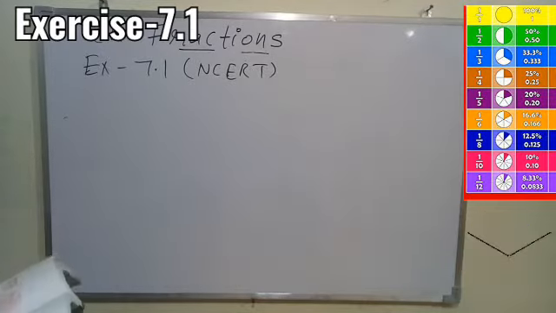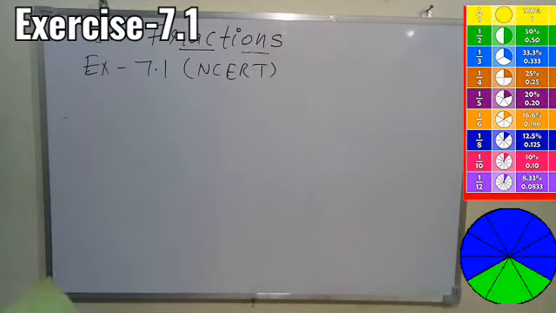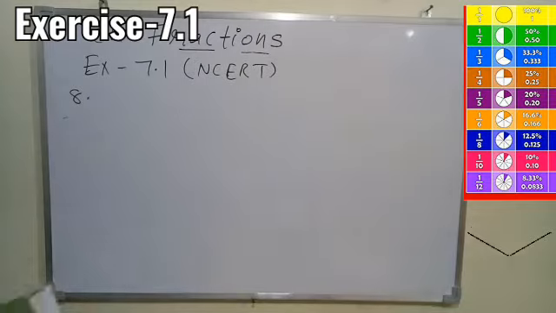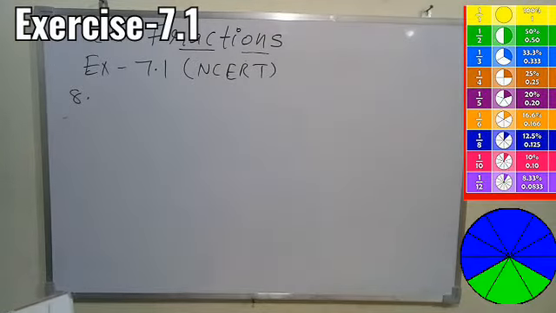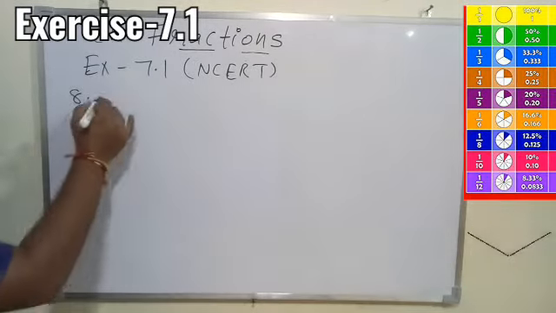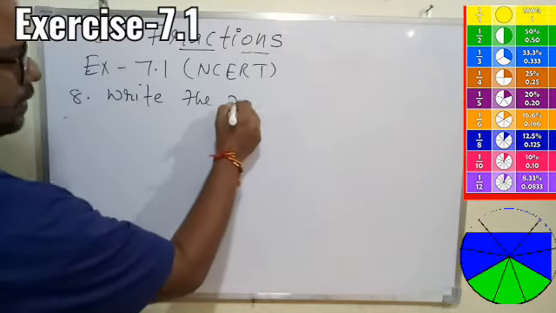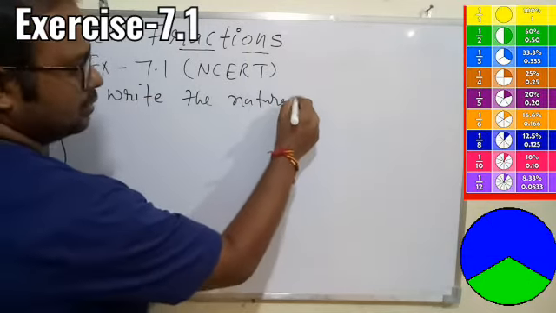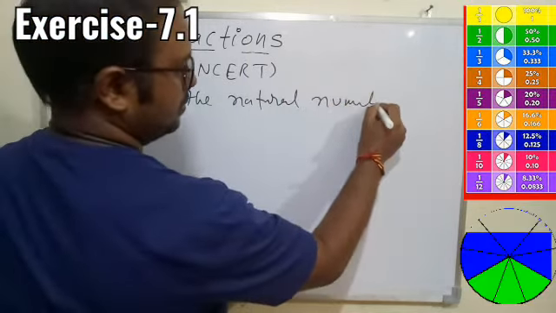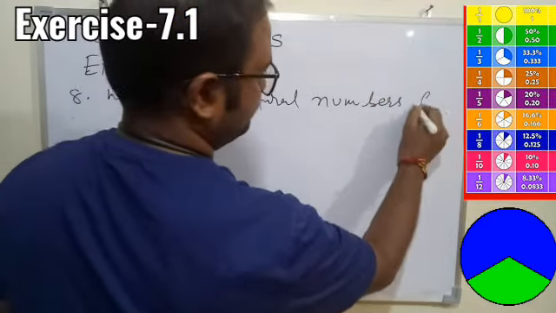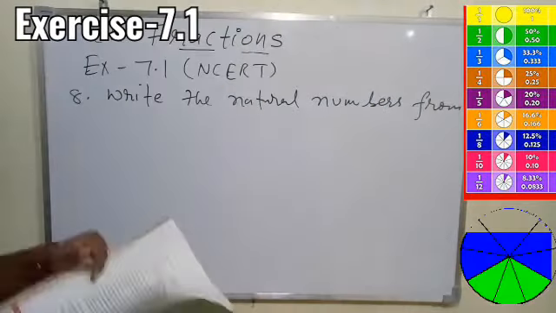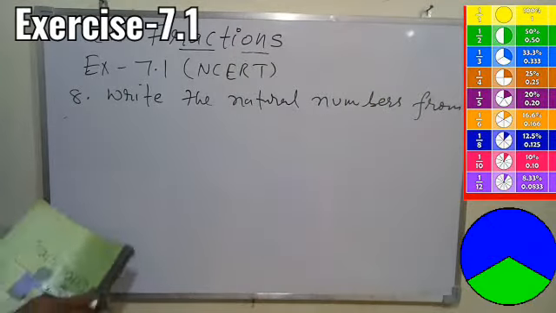Let's go for the next question, number 8. I'll be doing a few questions which are different from each other. So write the natural numbers from 2 to 12. The question is, write the natural numbers from 2 to 12.